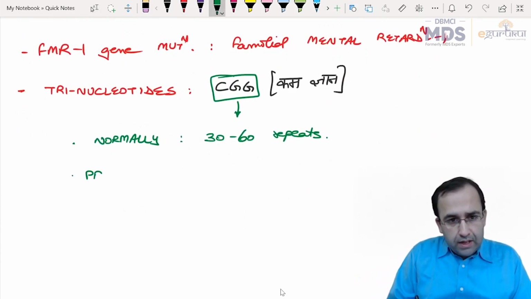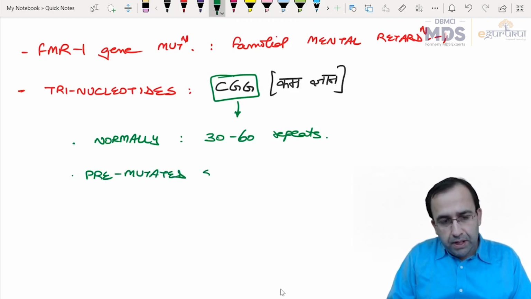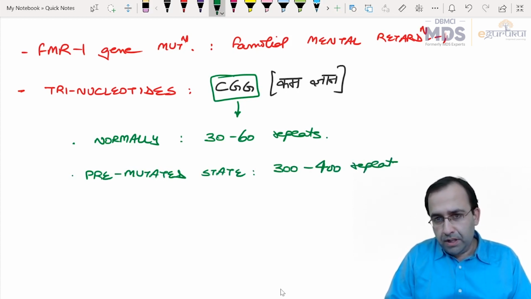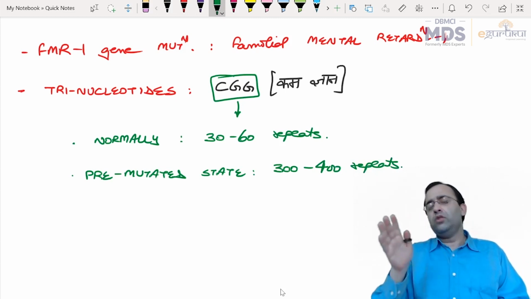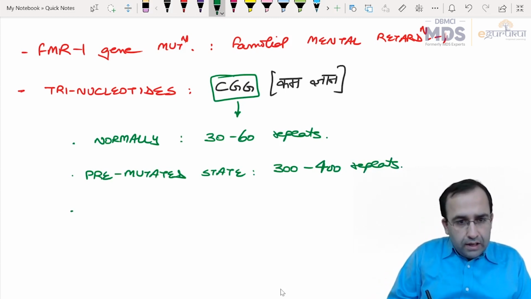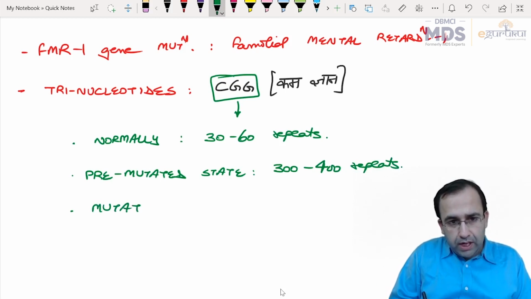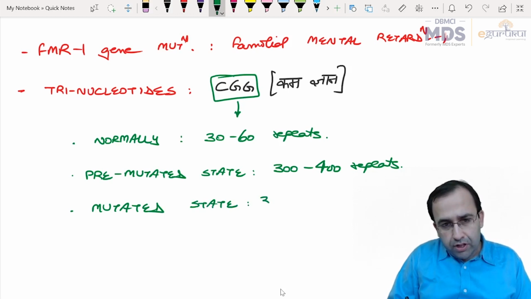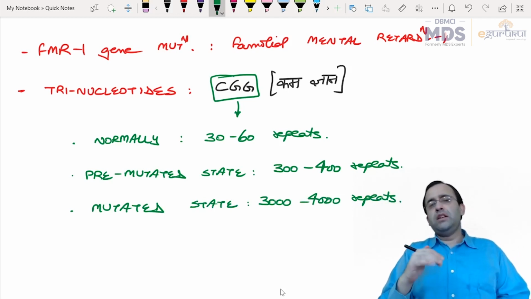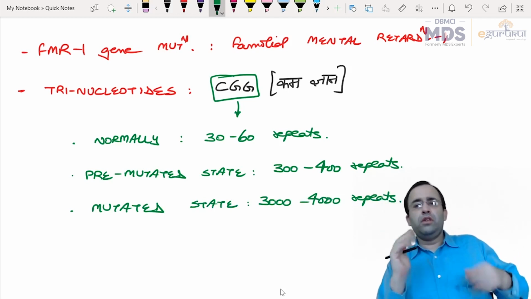Next, there is a pre-mutated state which has 300 to 400 repeats. And lastly, there is a mutated state which has 3000 to 4000 repeats.